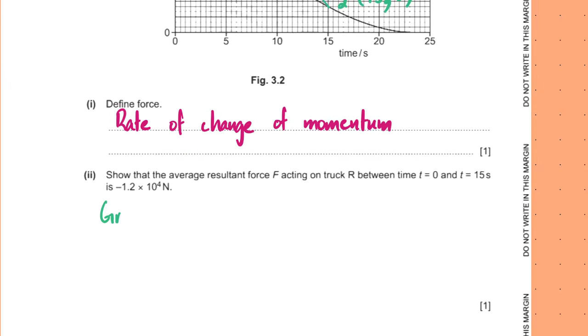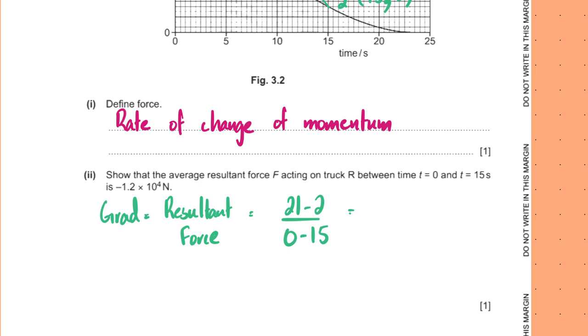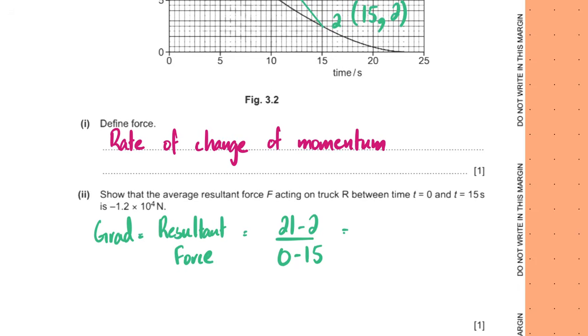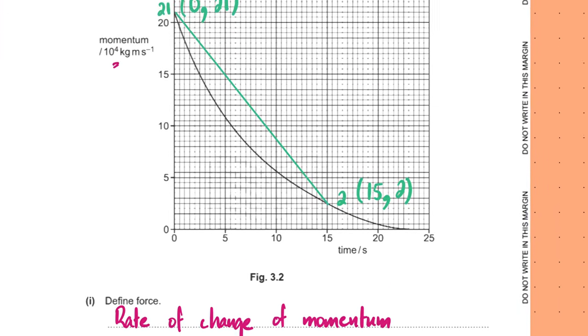So I'll write that the gradient is the resultant force, so that's 21 minus 2 over 0 minus 15, and also there was a 10 to the 4 with the y, so into 10 to the 4. So this turns out to be approximately this much. Okay, so I'm actually getting 1.2 into 10 to the 4.